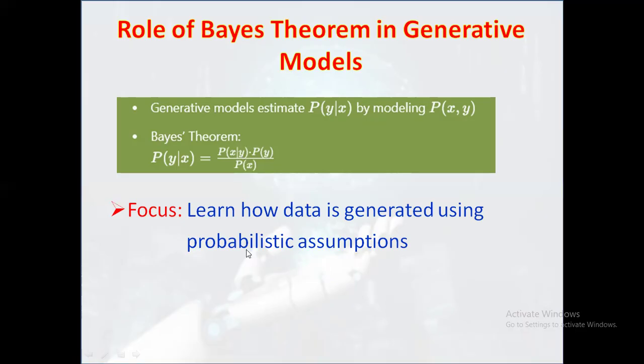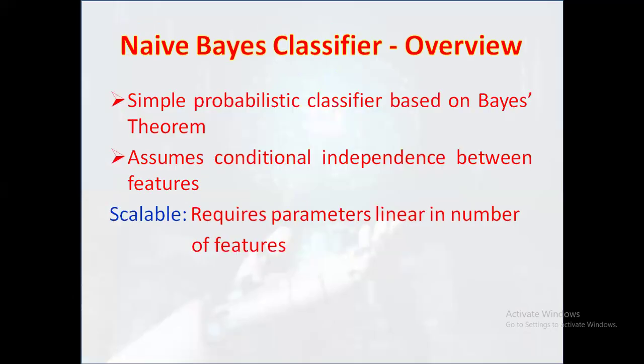So in generative models, the focus lies in understanding the data generation process by making probabilistic assumptions about how the observed data could arise from different classes or distributions, rather than merely drawing decision boundaries.